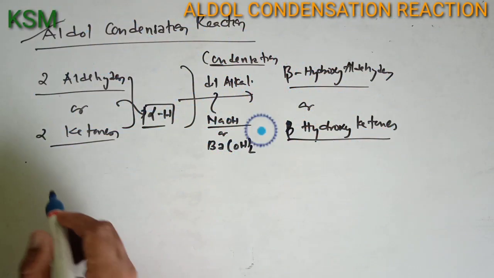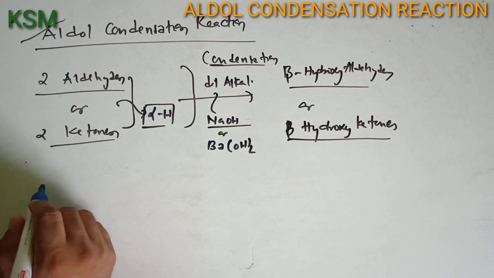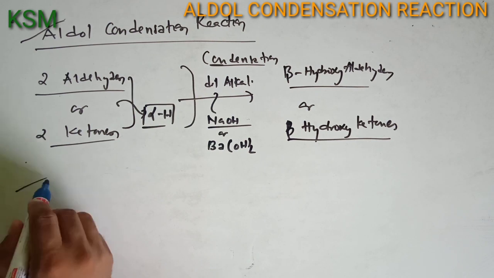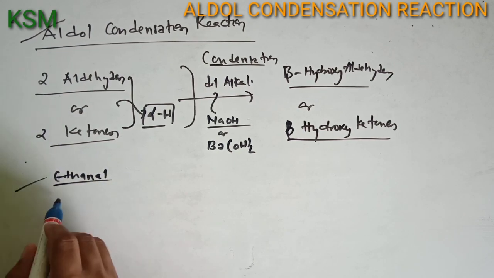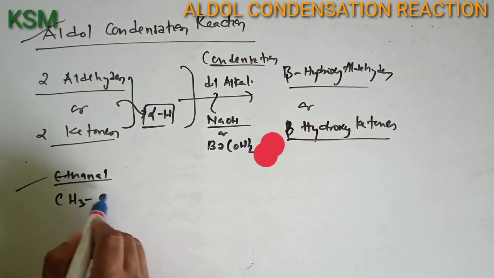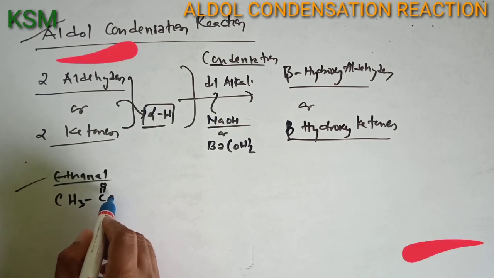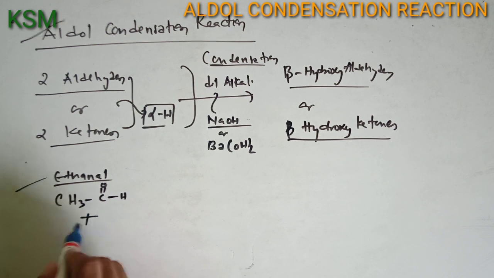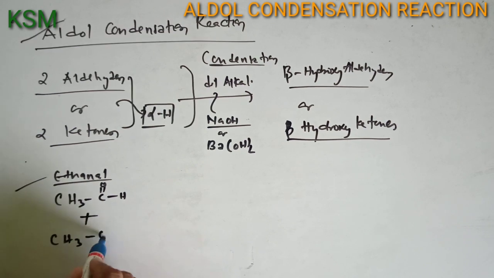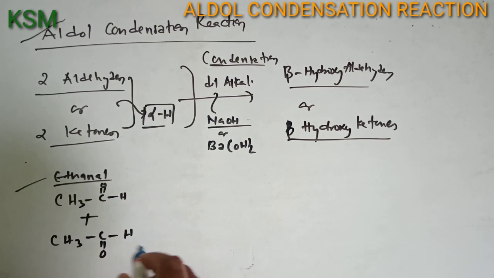Let's see an example. Here I am taking an aldehyde called ethanal. The formula of ethanal is CH3C double bond OH. So here we need two molecules of ethanal. Another one will be CH3C double bond OH.